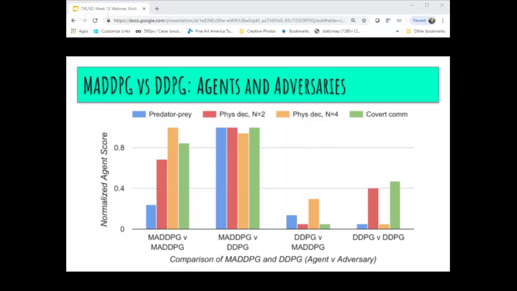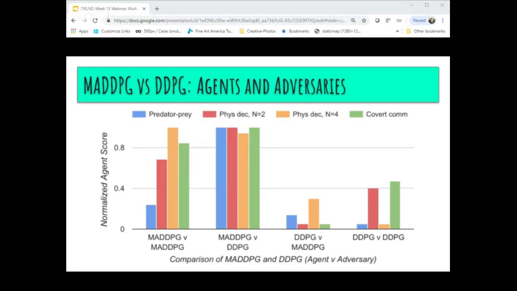The more interesting one, I think, is the second set there, where the agent was programmed with MADDPG, whereas the adversary was traditional DDPG. And you can see that in this case, the agent did much better, and that's sort of telling how much better the multi-agent version of the algorithm is than the single agent version, with scores in around 85% success.